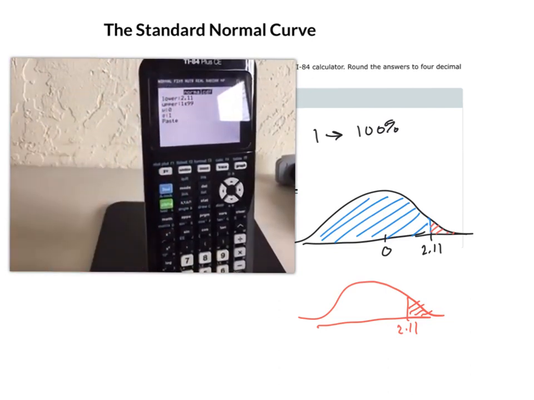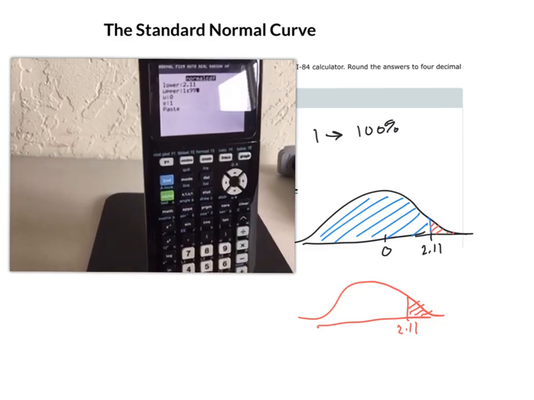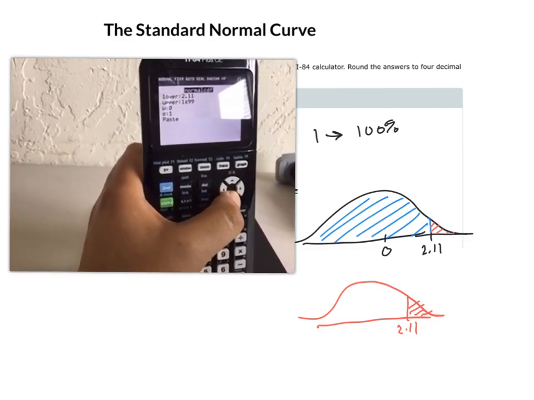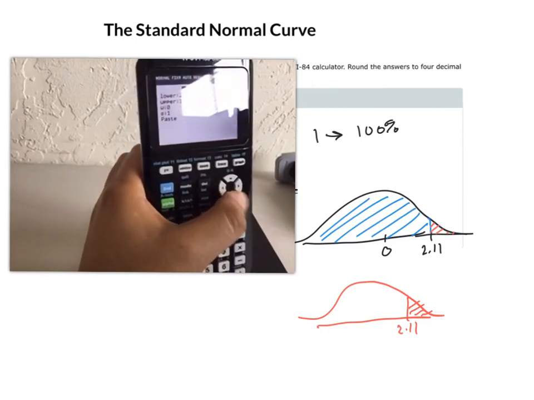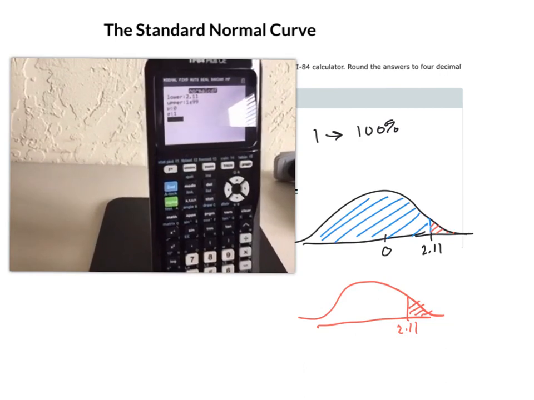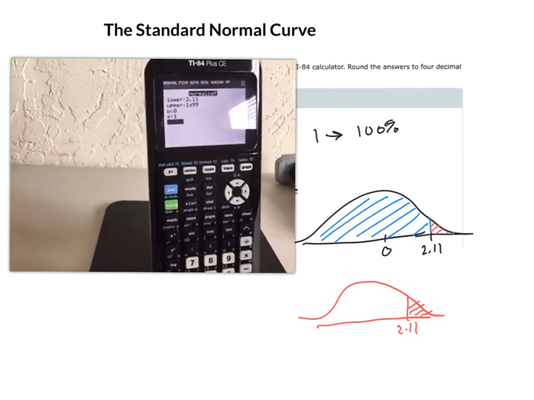Because we're dealing with a standard normal curve, your mean is always 0 and the standard deviation is always 1. Never change those two, and that only works when you're dealing with a standard normal curve, just like we're doing.